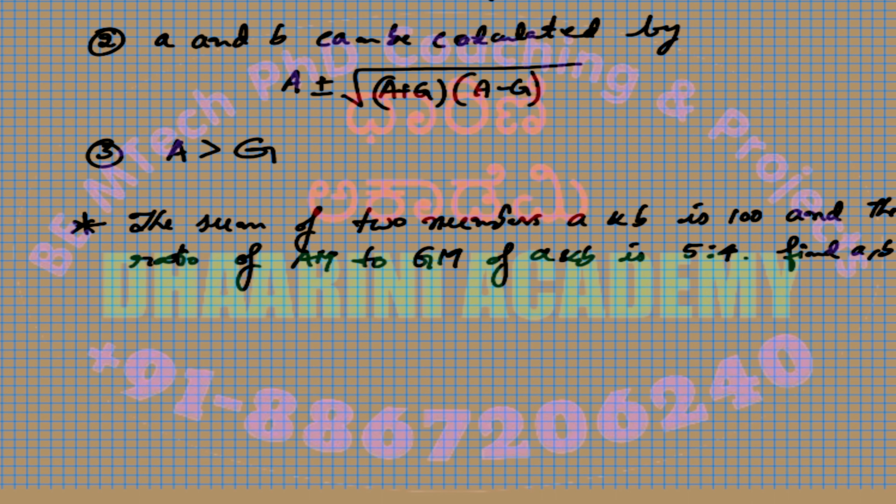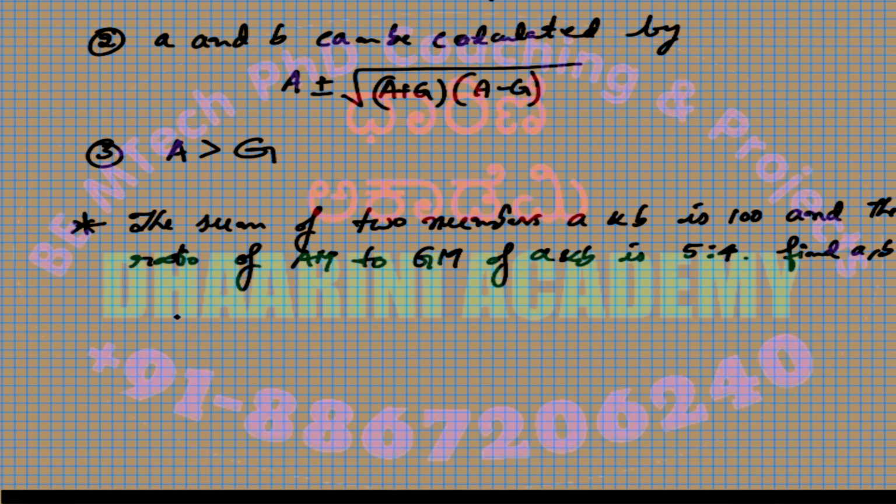Okay, see, they have given the sum of the two numbers, right? So sum of the two numbers means a plus b, right? So a plus b is given as 100, but we know that the relationship between the arithmetic mean and the two numbers, that is capital A, is equal to (a plus b) by 2, correct? Right.